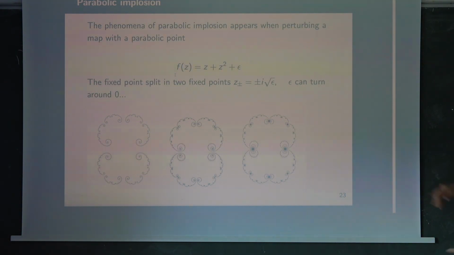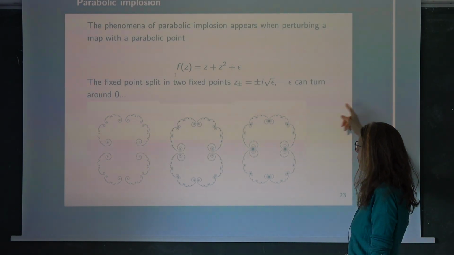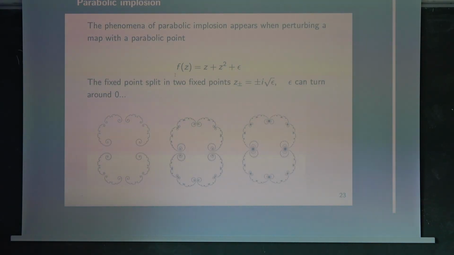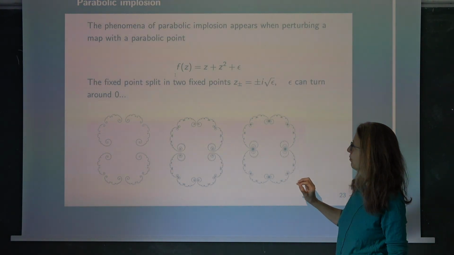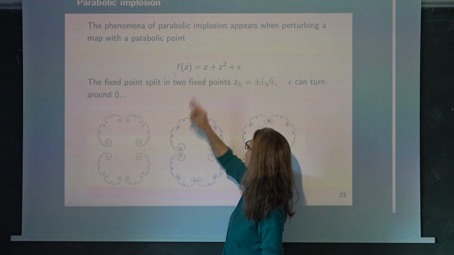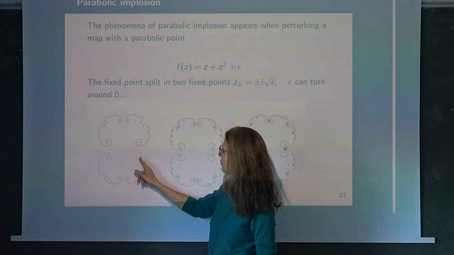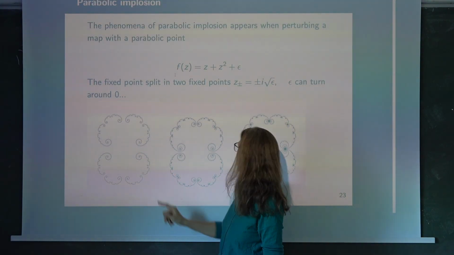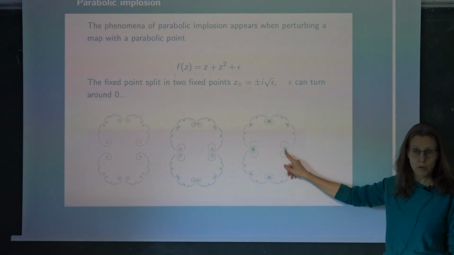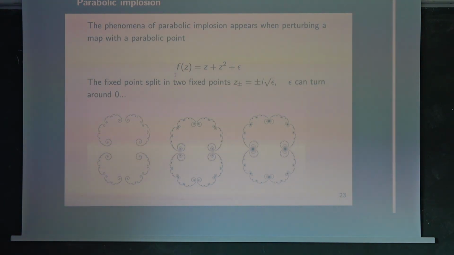For instance, if you make a turn around 0 with epsilon, you don't come back to the same, so it's not well defined. On this picture, epsilon is very small, positive, I don't remember exactly, and here you see there are two fixed points. The same picture, and when epsilon goes very close to 0, the two fixed points merge and give the parabolic double fixed point.